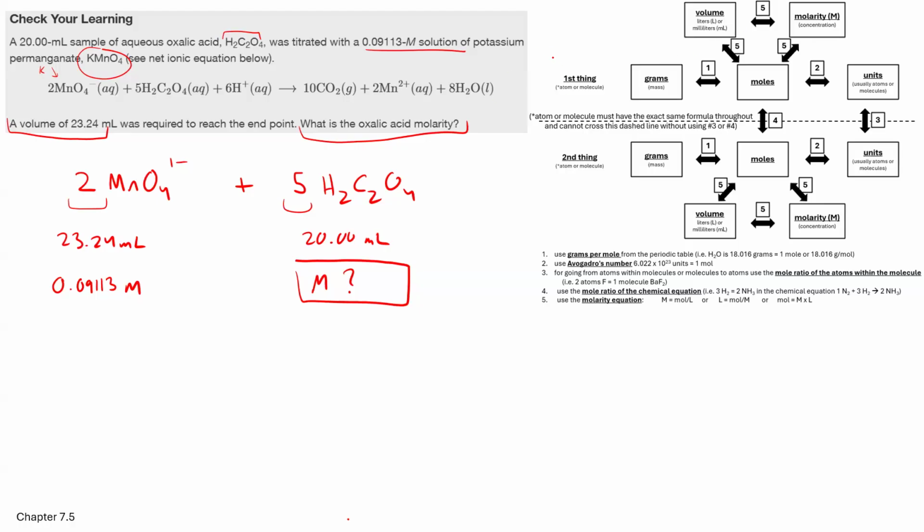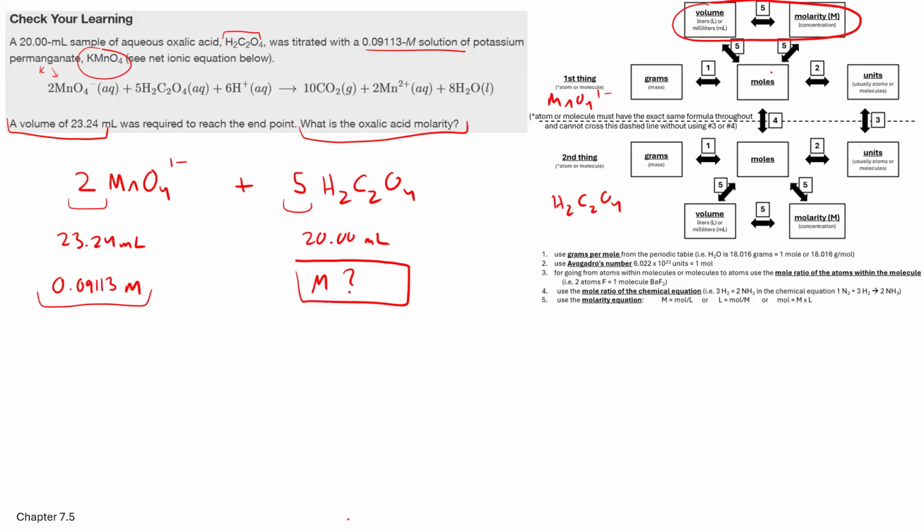Let's figure this out. Since this has more information, this is what we're going to start with. MnO4 1 minus, and this is oxalic acid, H2C2O4. We have a volume and molarity.